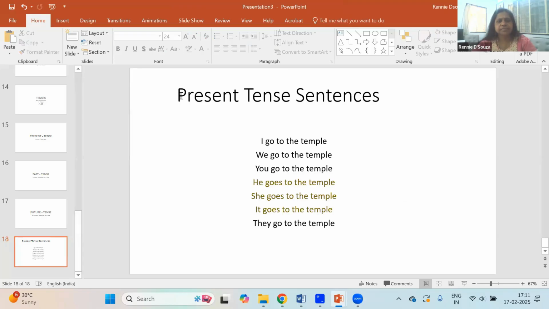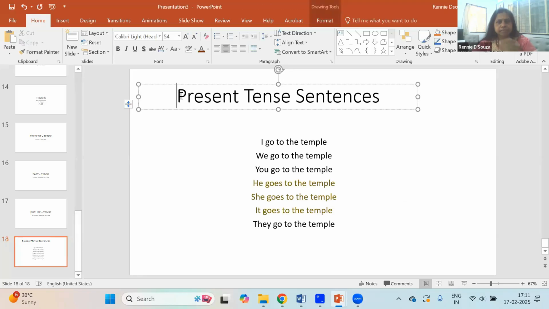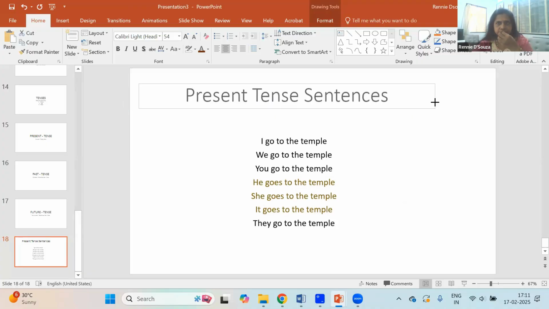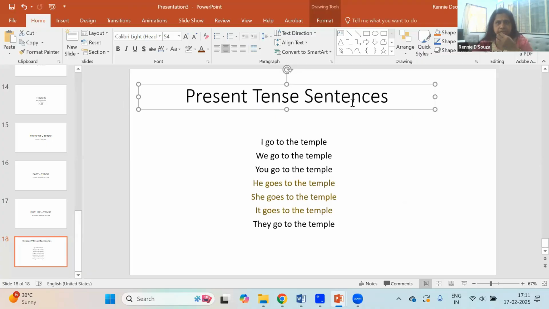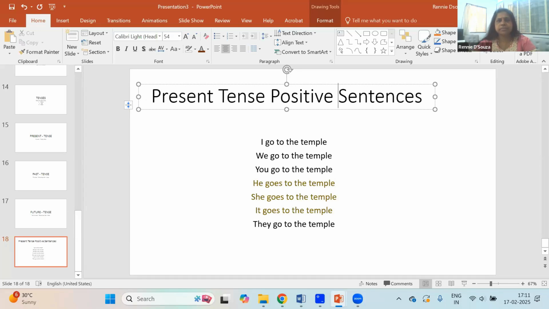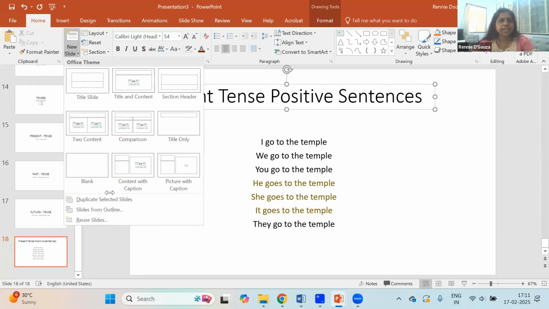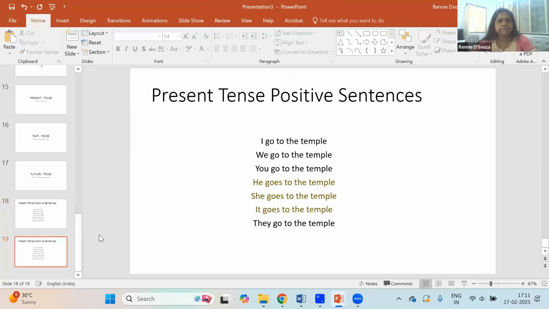This has to be taken care of while forming present tense sentences. And this is only for the third person singular, but not for the third person plural. It doesn't apply to they.